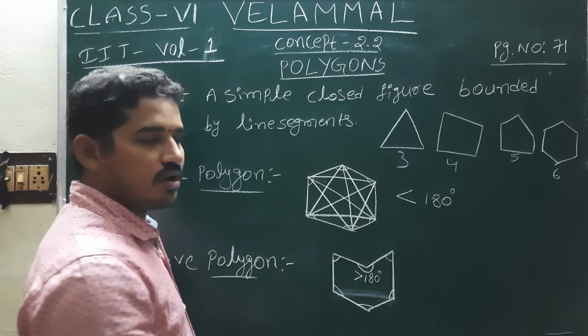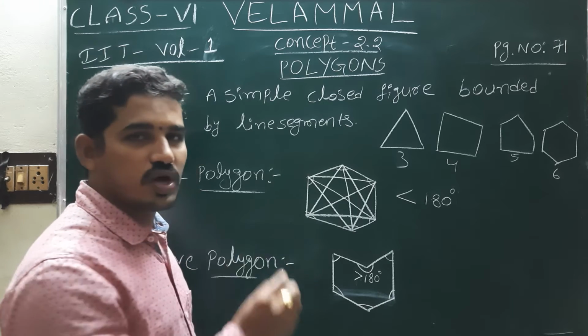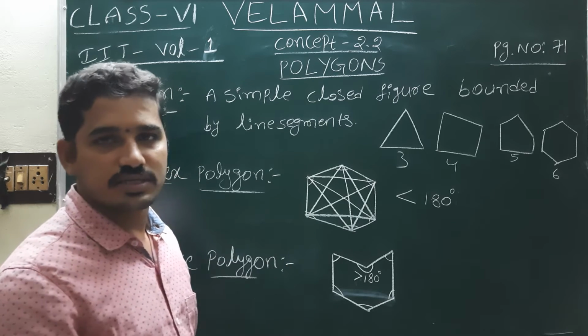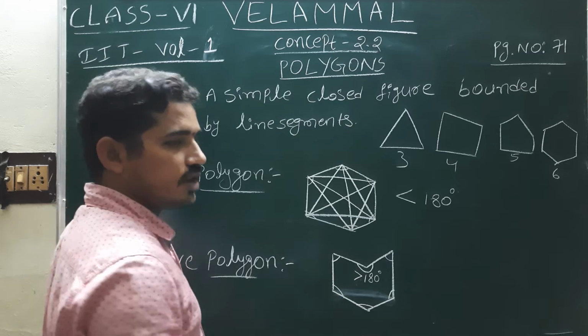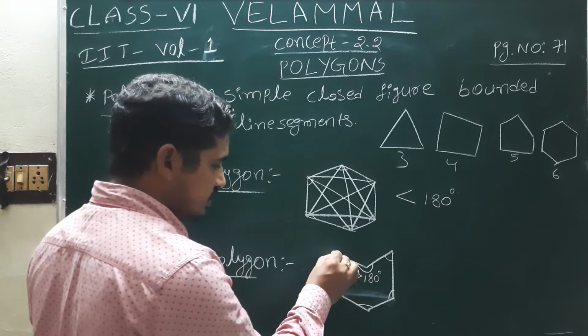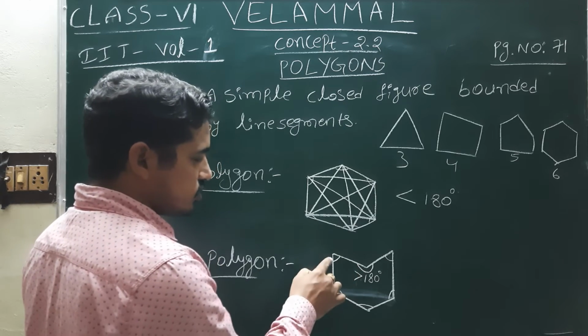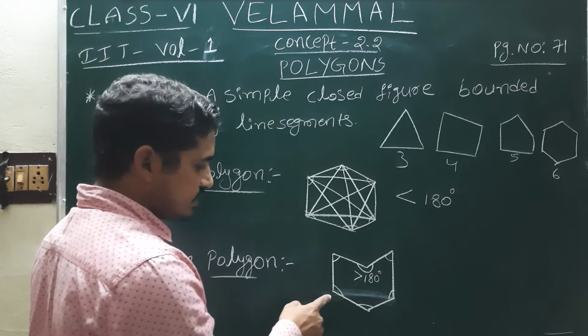How do we get the diagonals? If you join the non-adjacent vertices, we will get the diagonals. From this vertex I am taking, this is adjacent and this is also adjacent.